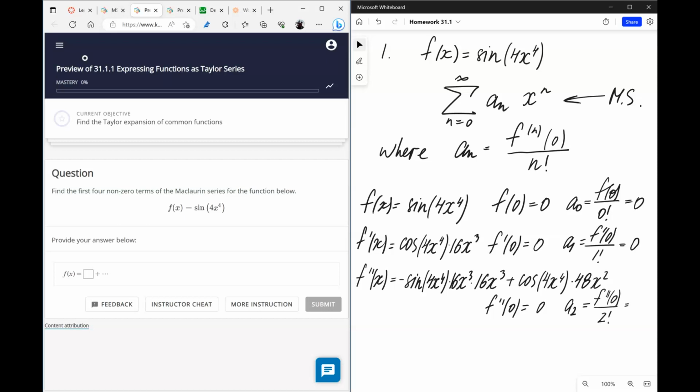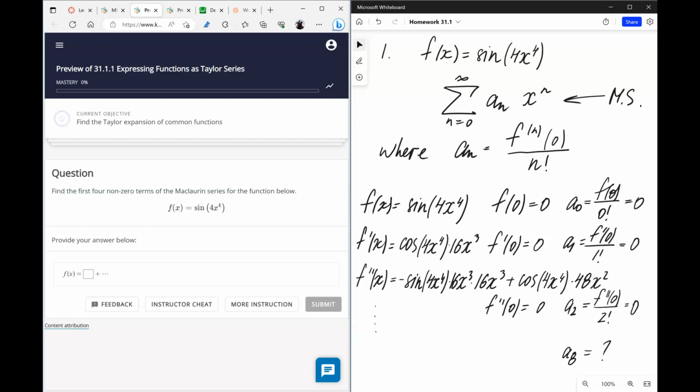This is not the best problem to do by hand, so let's strategize here. We kind of have a clear path, but the problem is that all coefficients up to the 8th will be equal to 0, so I'm not going to find all these 8 derivatives.